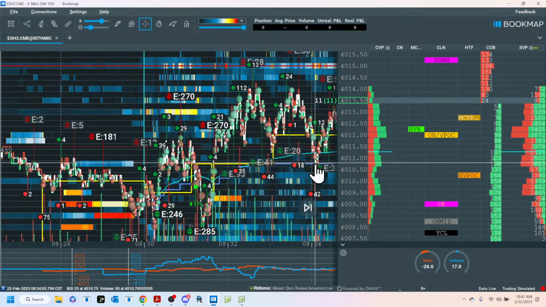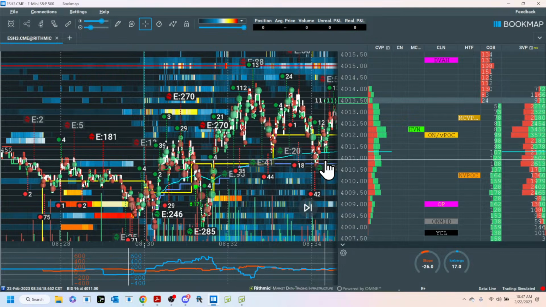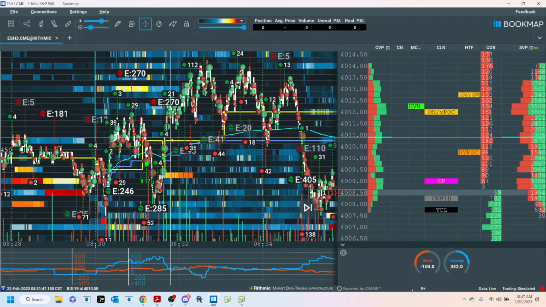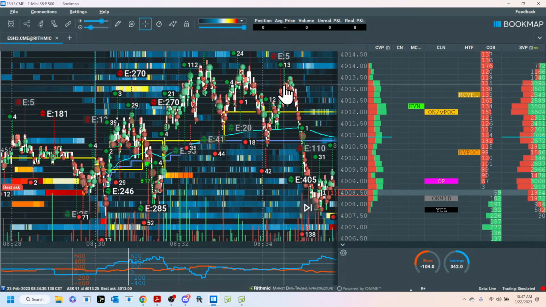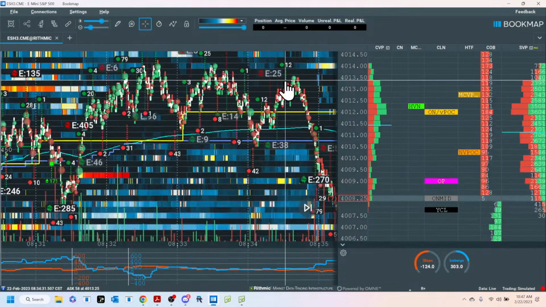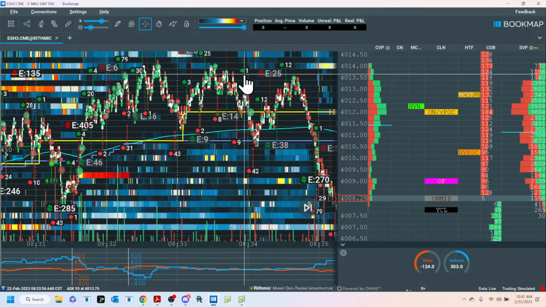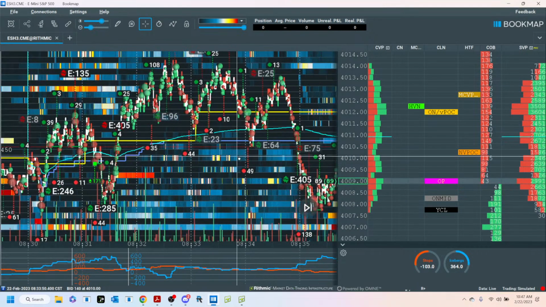Pull back to mid and VWAP. Now for me, I'm not doing anything. Why? Because of this. Two-sided trade. Now this could be a short setup. I'm going to tell you, I was in no hurry this morning because I don't know where the outside edge is. Very conservative this morning.